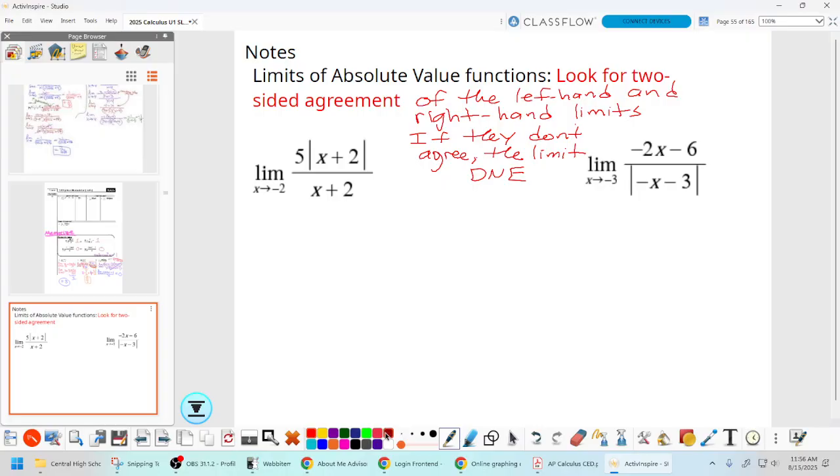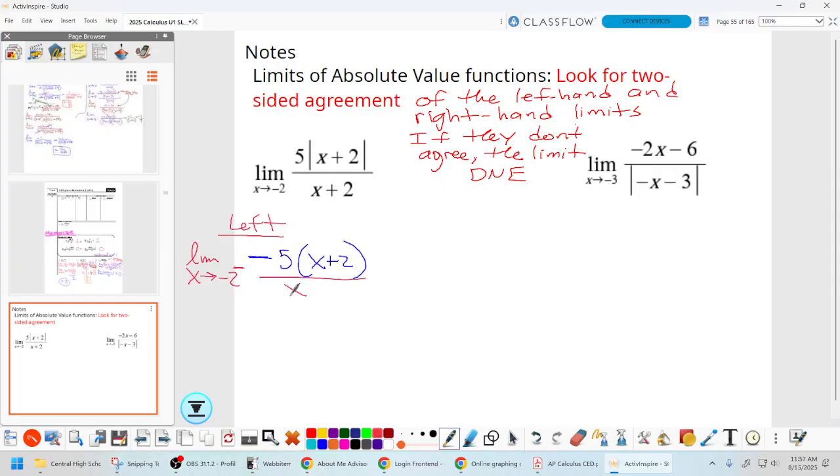So here's how that will look. We only are worried about this process for the numerator. Okay? So let's take the left side, and we will say limit as x approaches -2 from the left. This is where we pull the negative sign out front. Okay, so negative 5 and x plus 2.